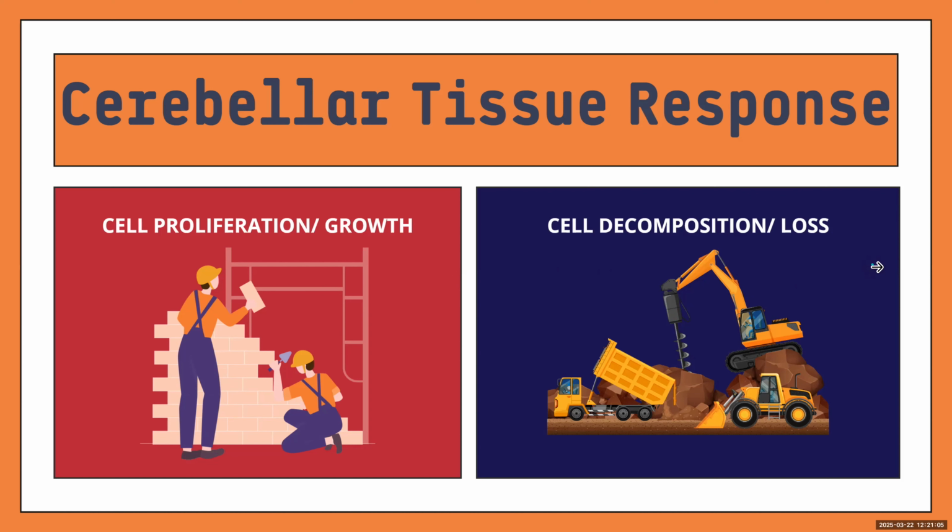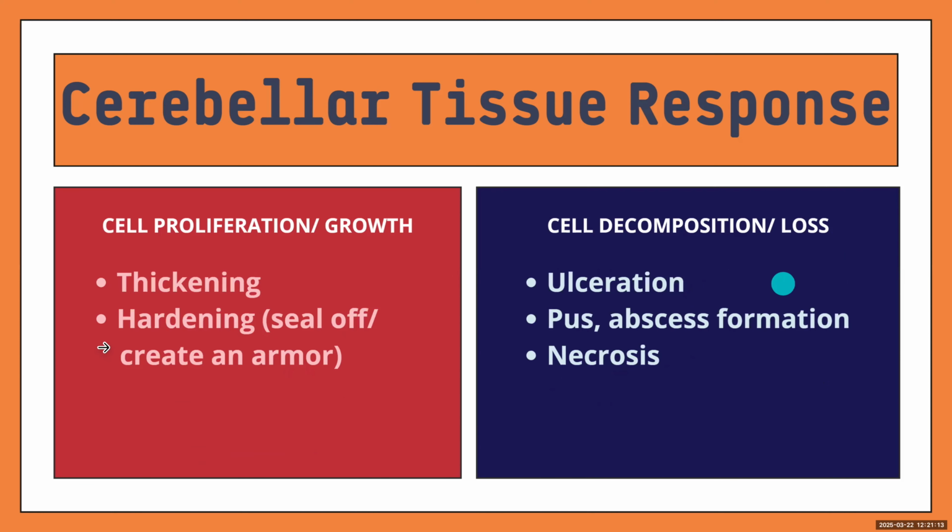Therefore, when a dermal rash presents to you, what you will see in the conflict active phase is cell growth, manifested as a thickening of that rash or a hardening of the rash. And I will let you know later how to tell whether a rash is hard or not.